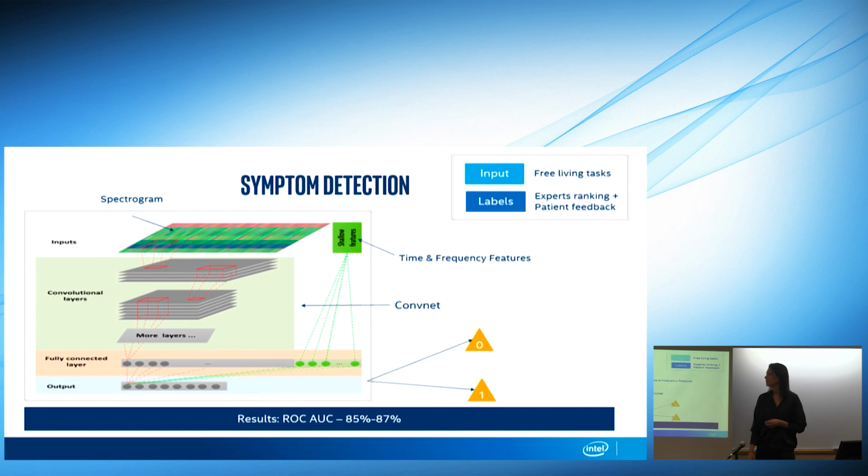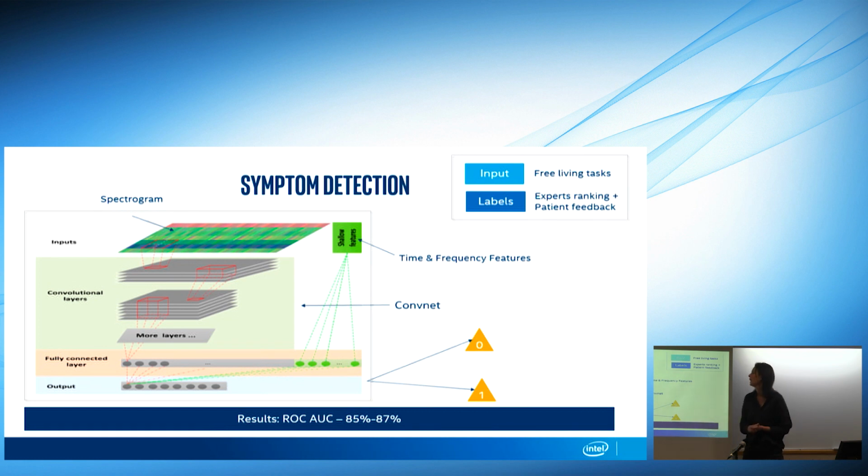The second algorithm is the symptom detection, and this is aiming for free living, the ability to know generally what is the percentage of the day a patient is suffering from certain symptoms. So the goal of those algorithms is to detect in a certain time window if the symptoms exist or not.